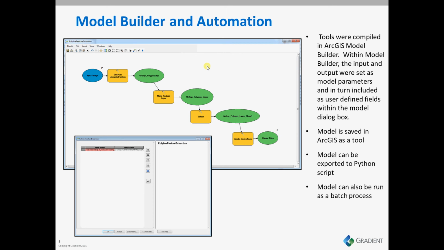Now, the best way I thought to get this process automated was to use Model Builder, which is an ArcGIS tool. The first portion here is my imported Feature Analyst unsupervised extraction.